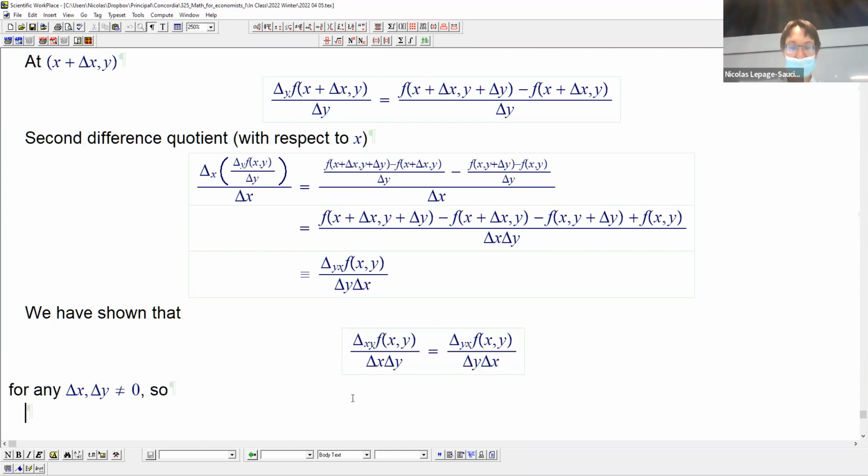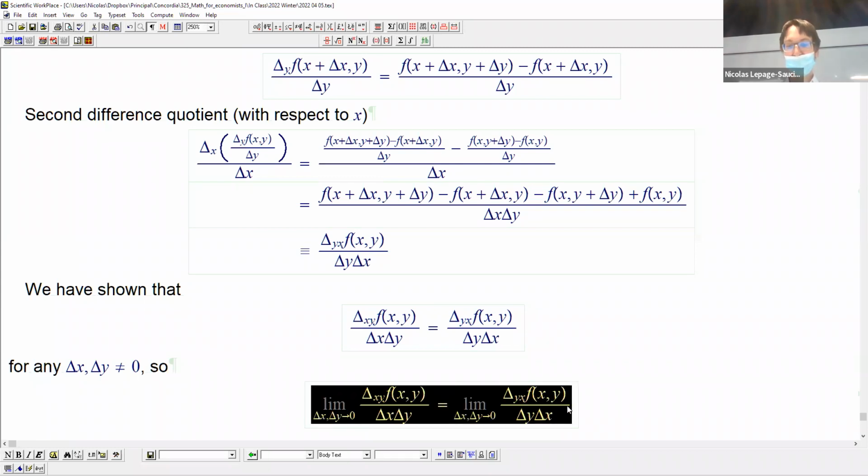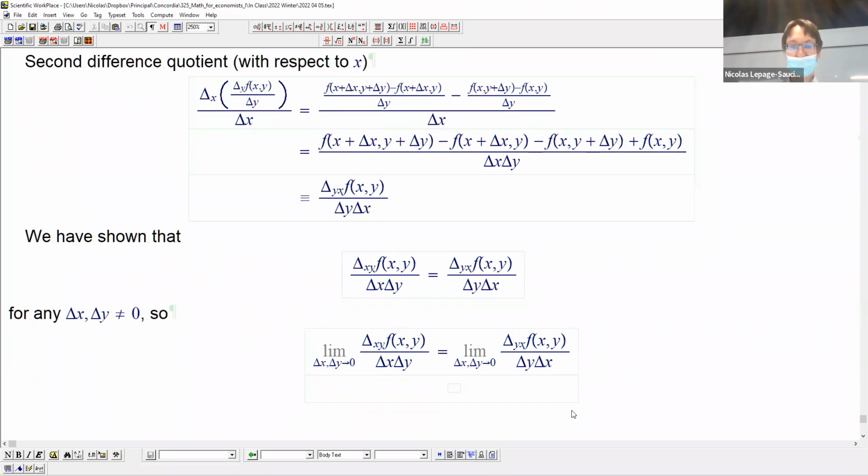So the limit of this thing when delta x and delta y go to 0 is equal to the limit of this thing when delta x and delta y go to 0. And what are these? Well, of course, they are the partial derivatives.